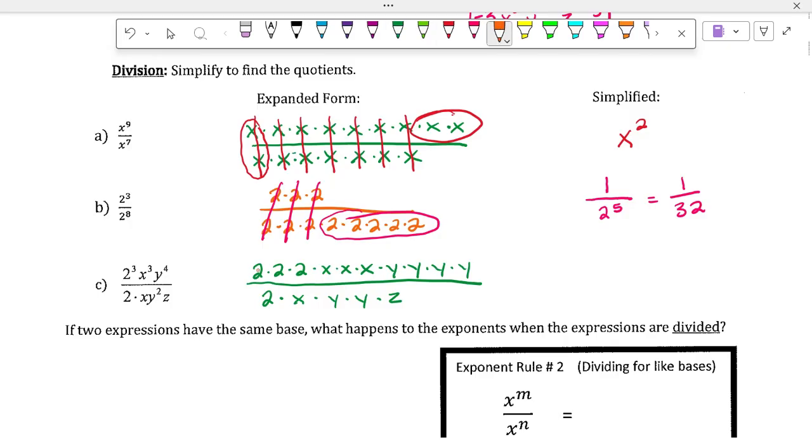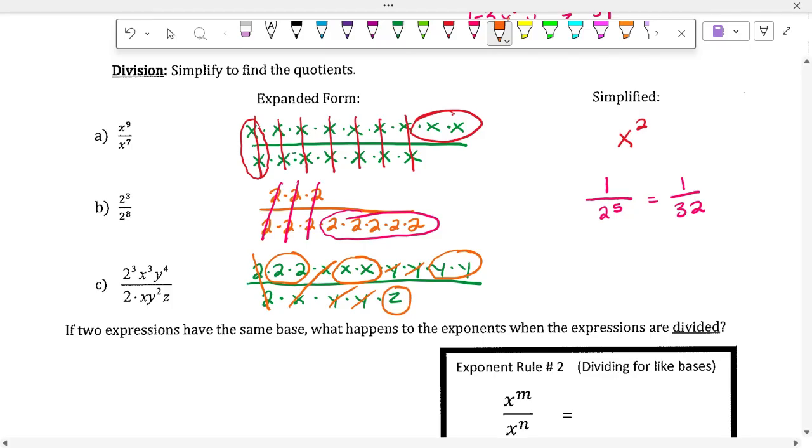And then I would match them up. There's only one pair of 2's, so I'm left with 2 2's left. There's only one pair of x's, so I'm left with 2 x's left. There's 2 pairs of y's, so I'm left with 2 y's left. And there's nothing to cross out for z.